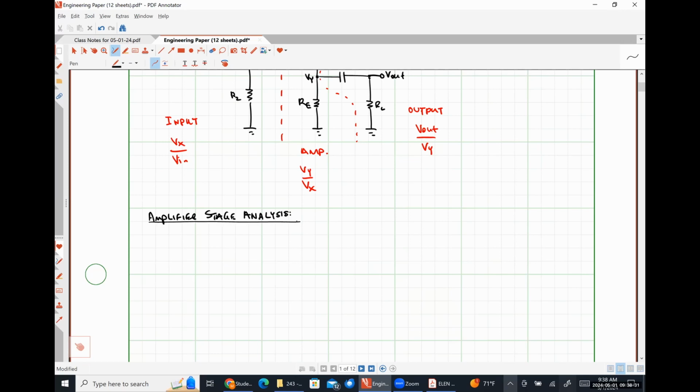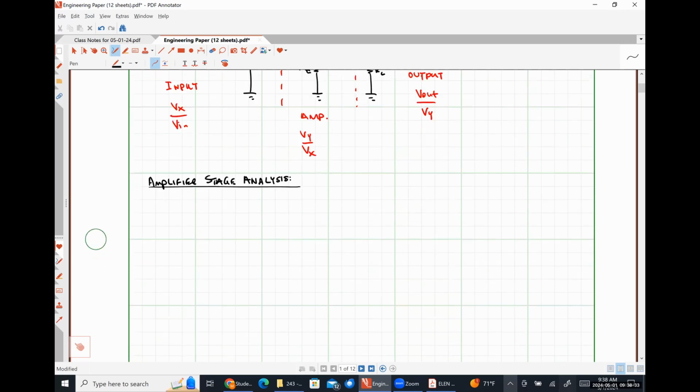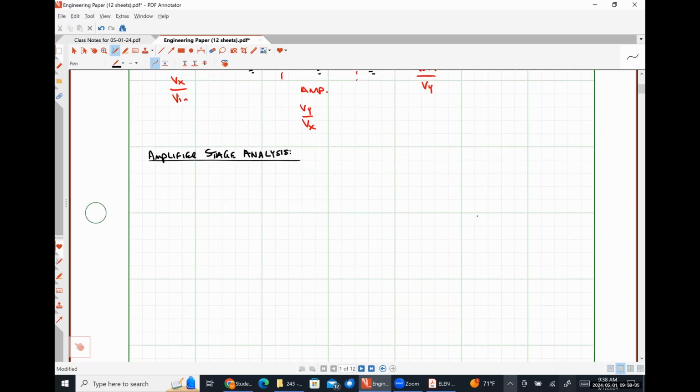So for our amplifier stage, we would have something akin to this, okay? So I'm going to put just my voltage Vx here, which is the output of the input stage. So we'll sort that out in a little bit. Here is my base terminal. I have my resistance R pi, my voltage VBE like so.